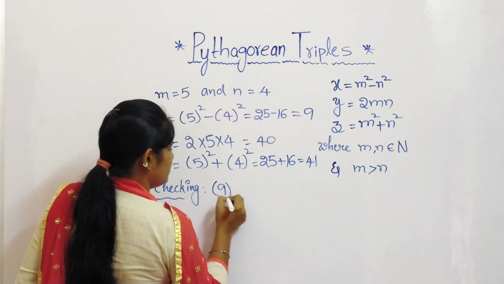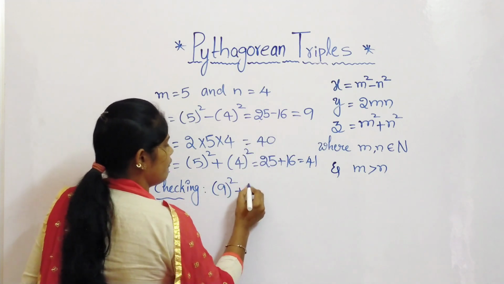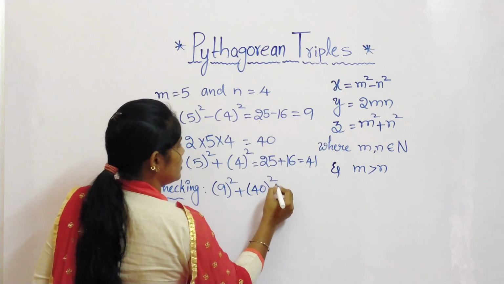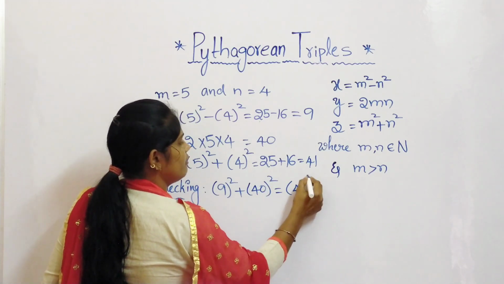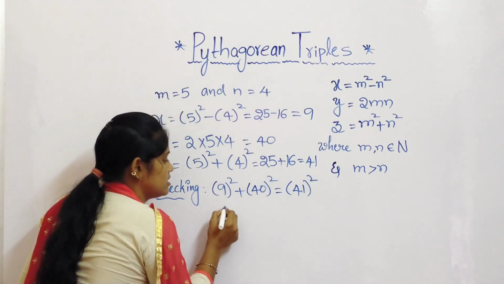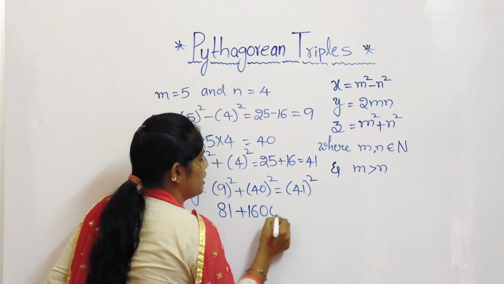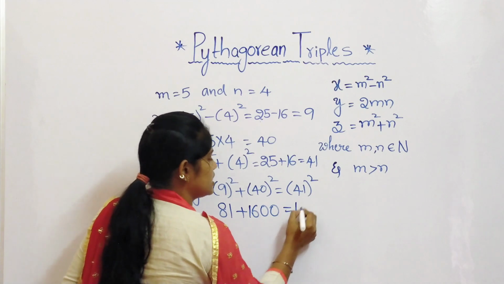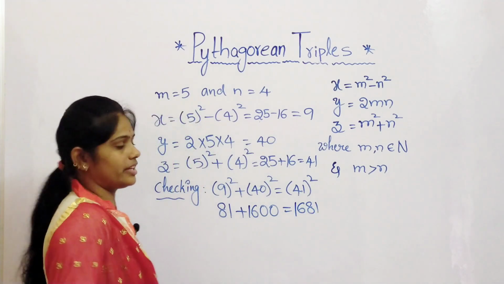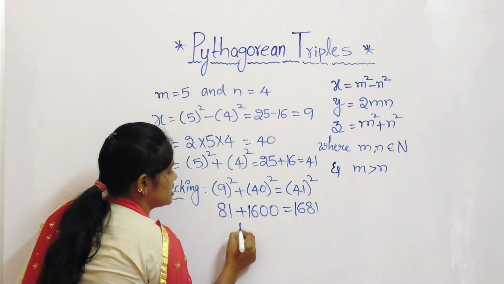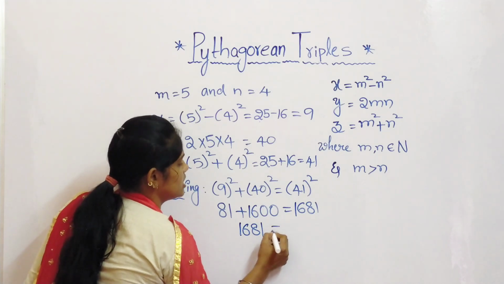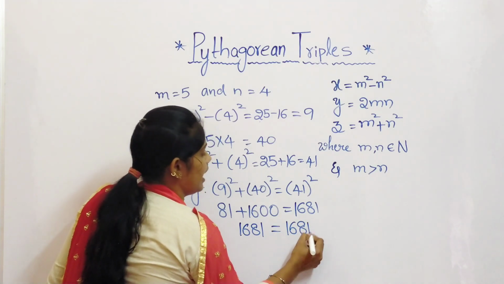9 square plus 40 square is equal to 41 square. Here 9 square is 81, 40 square is 1600 and 41 square is 1681. So 1600 plus 81 is 1681. So 1681 is equal to 1681.